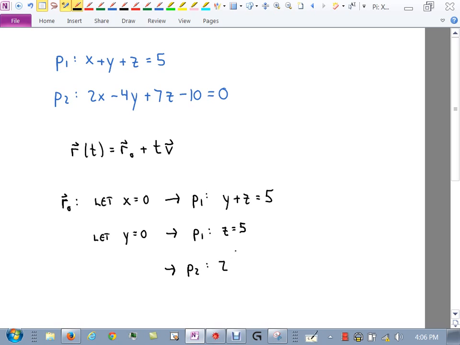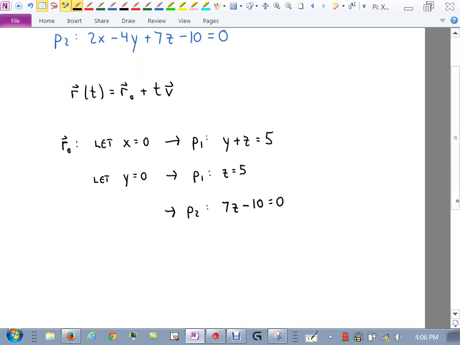I get 7z minus 10 equals 0. But what's z? 5, right? Well, yes. We said if I let x and y be 0, then this must be true, but then that doesn't satisfy this one.